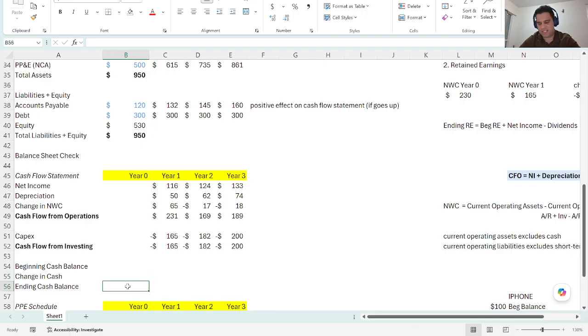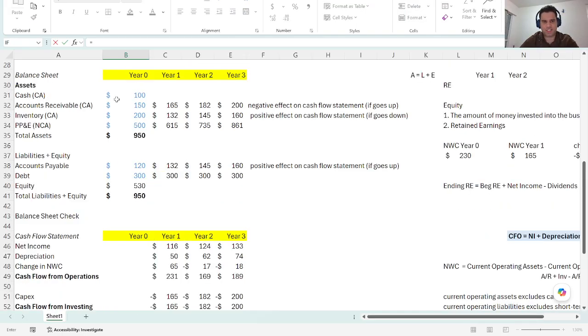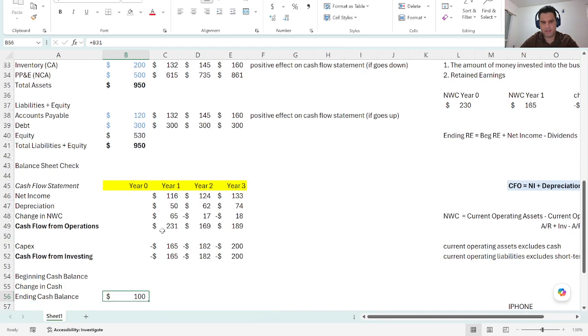So our beginning cash balance. What's the ending cash balance in year zero? Again, all the balances on the balance sheet are ending balances. So our ending cash balance is 100, which means that for year one, the beginning cash balance is going to be 100. The change in cash is the summation of cash flow from operations plus the cash flow from investing.